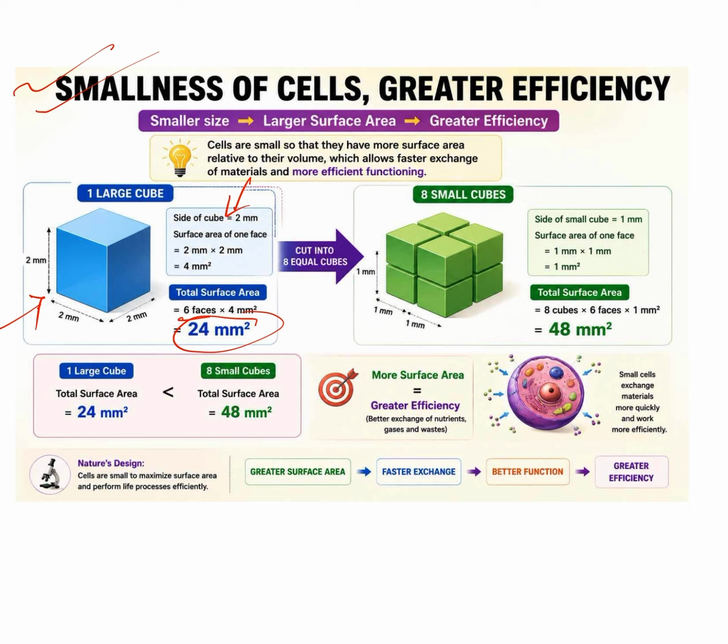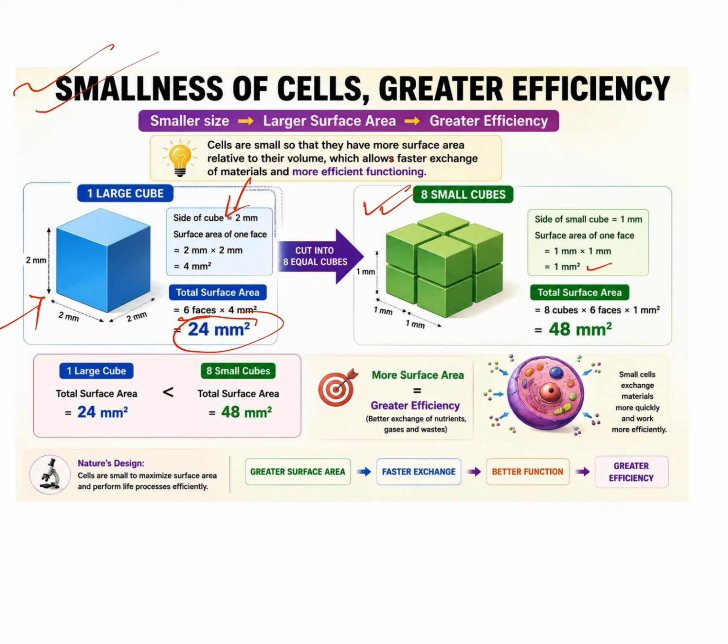Very easy calculation. Now the next part, here we are cutting that one large cube into 8 small pieces. If we cut the cube exactly at the center, earlier it was 2 millimeter, now it will become 1 millimeter. Now surface area of one face, how much will it be? 1 into 1, that is 1 millimeter square.